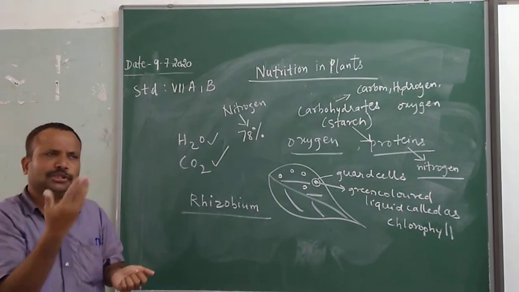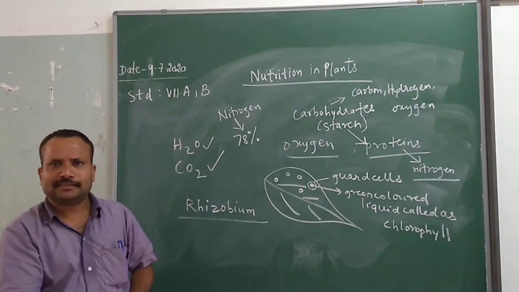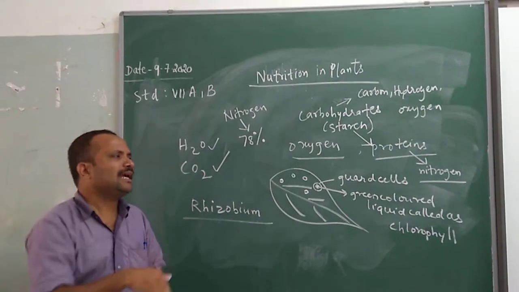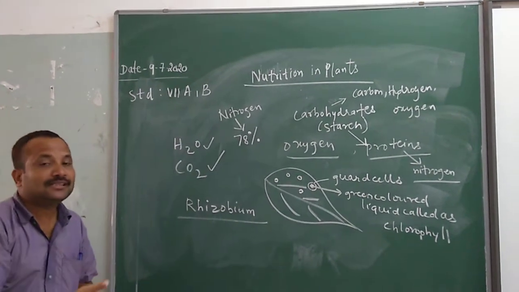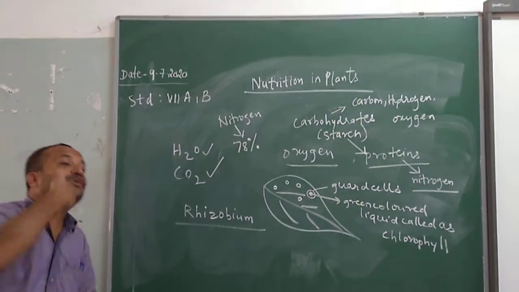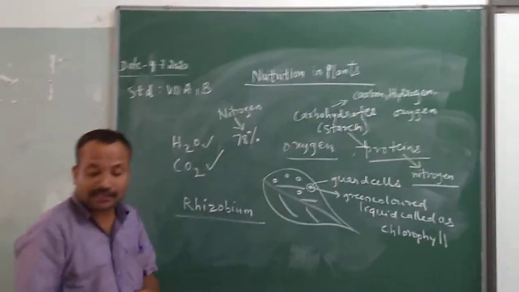There are some plants which depend upon other plants for their survival, for their nutrients, for their food. Such a type of mode of nutrition is called heterotrophic.